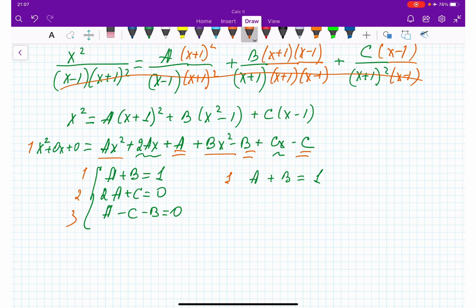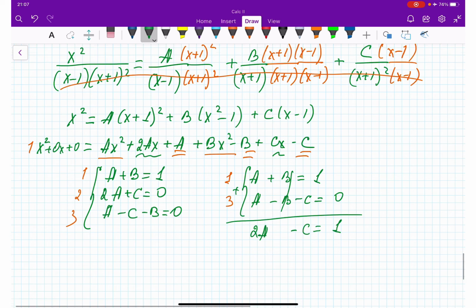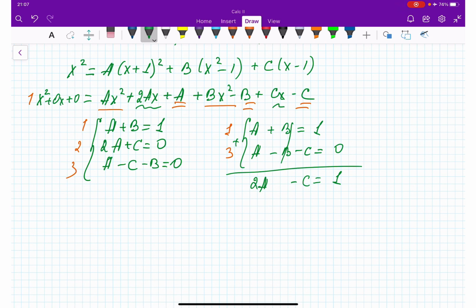And for the third one, I will have a minus b minus c equals 0. So when I add them up, b is gone, and I will get 2a minus c equals 1. Well, I have 2a plus c equals 0.